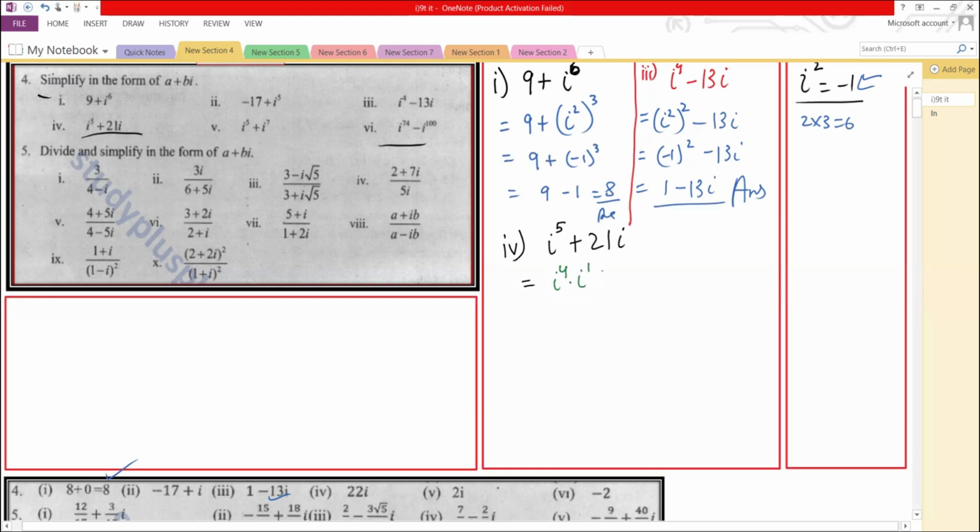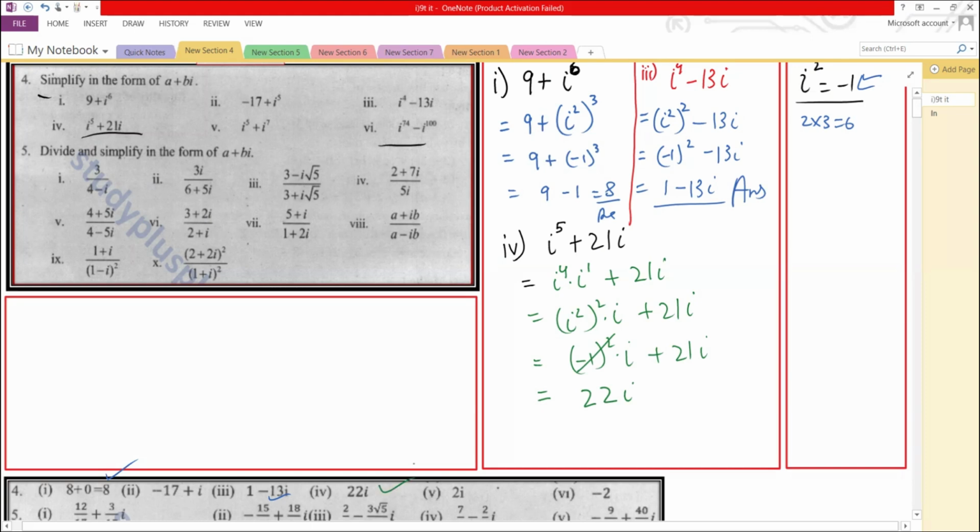Iota power 4 is iota square, whole square, and iota square is equal to -1, so -1 squared, times iota, plus 21 iota. Then here it will become 1. 1 times iota is iota plus 21 iota, so it will become 22 iota. So that's our answer, students, for question number 4.